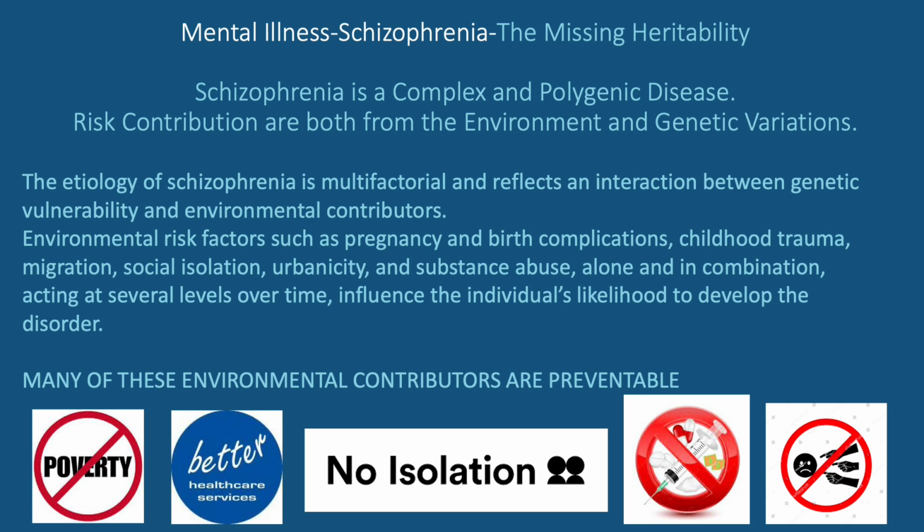We are going to conclude this lecture by reiterating that schizophrenia is a complex and polygenic disease. It's a complex disease, meaning that it is not due to a problem in a single gene, such as, for example, cystic fibrosis, and it is a polygenic disease because it's the result of many variants in the genome that together increase the risk of developing schizophrenia.